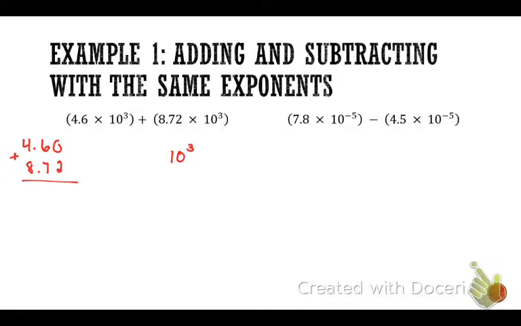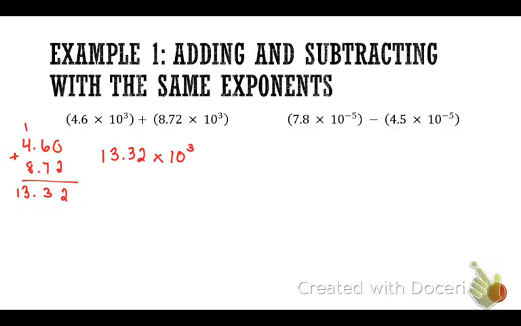So now I'm going to add them. 0 plus 2 is 2. 6 plus 7 is 13. And then 5 plus 8 is 13. So 13.32 times 10 to the third power.